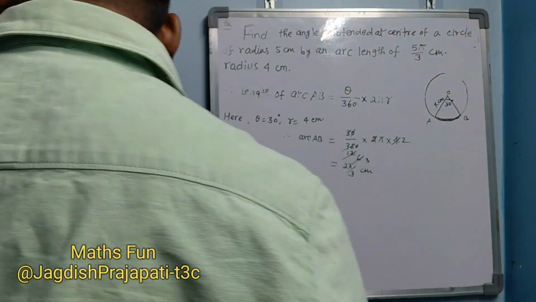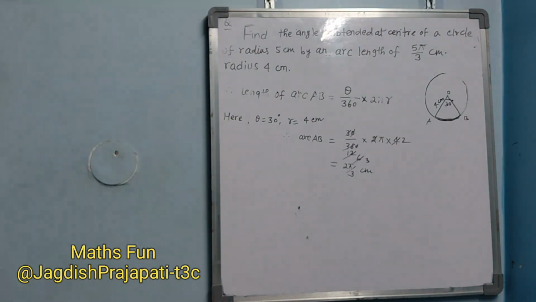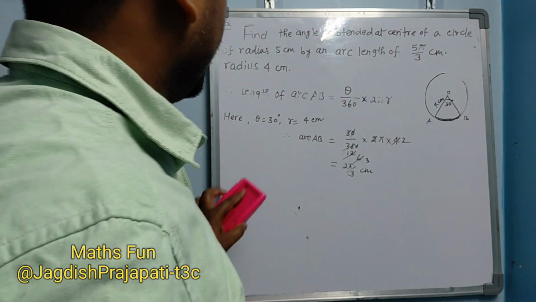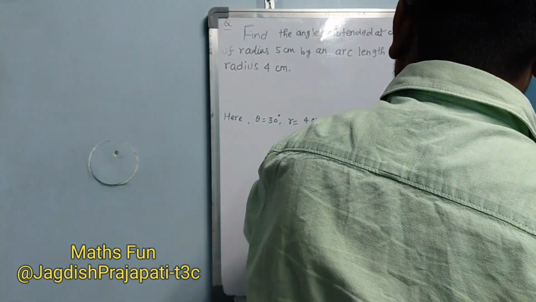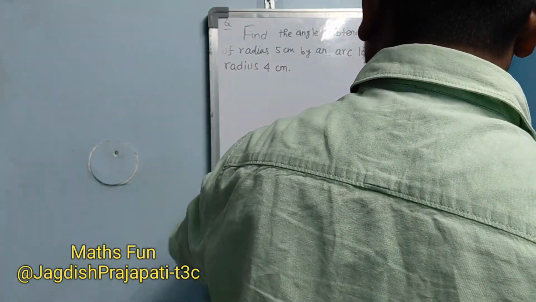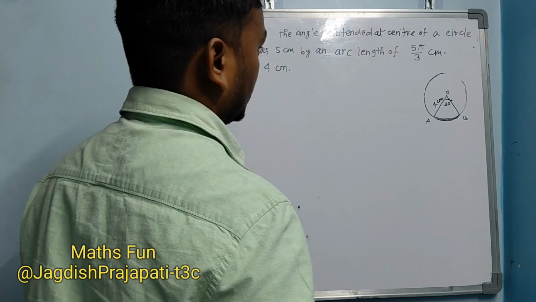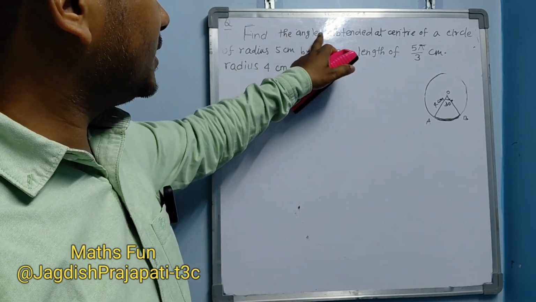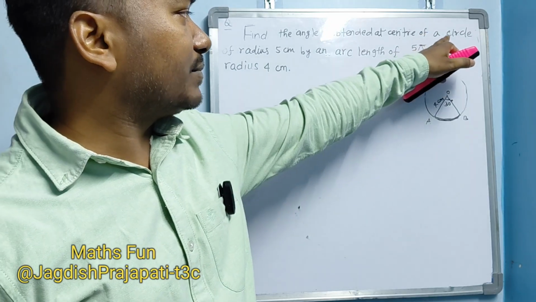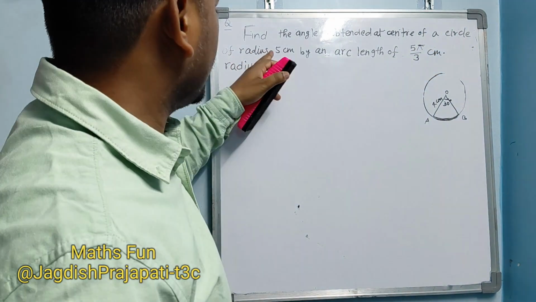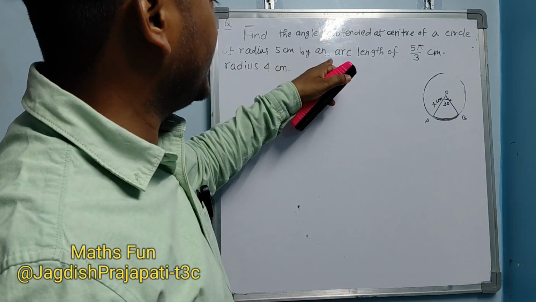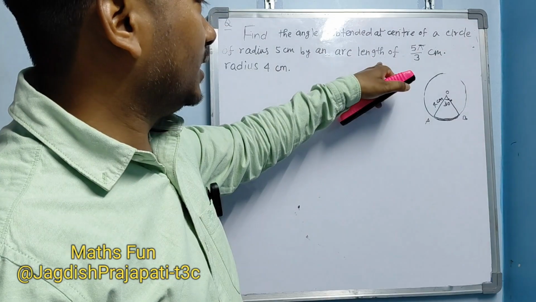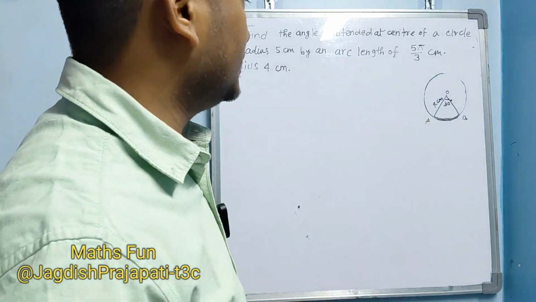So now in this question, find the angle subtended at the center of a circle of radius 5 centimeters by an arc length of 5 pi by 3.